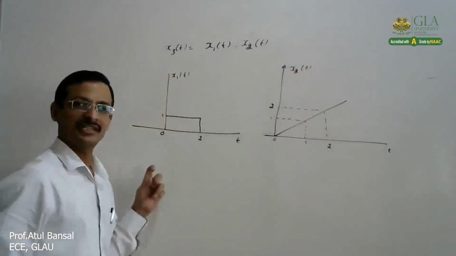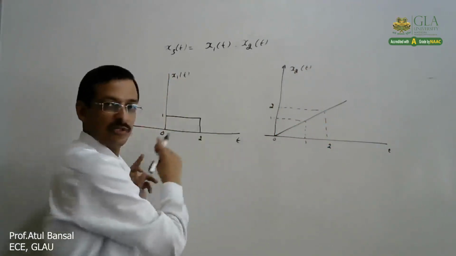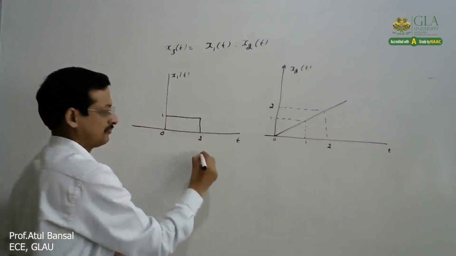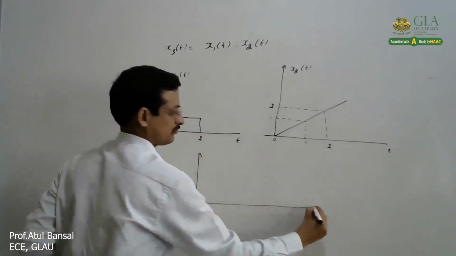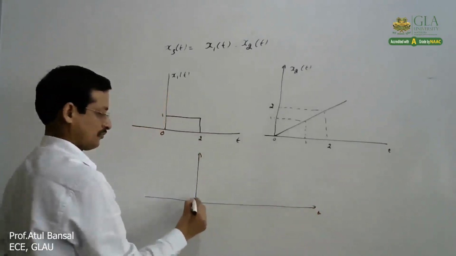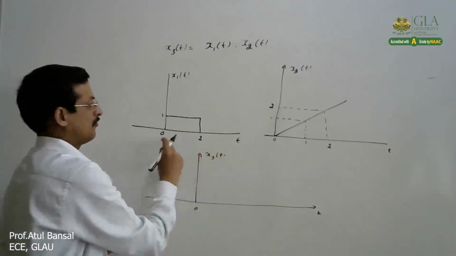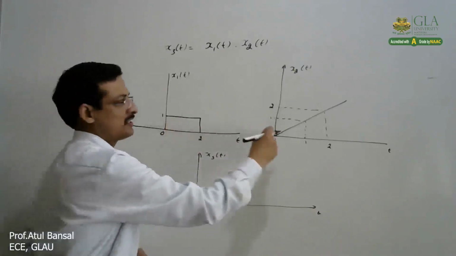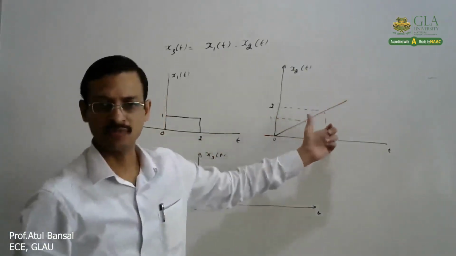So if we multiply these two, from minus infinity to 0, again both are 0, so 0 into 0 will be 0. So it will remain 0, x3t. From 0 to 2, this is 1. This is linearly increasing. So 1 into everything will remain the same. So it will be there.